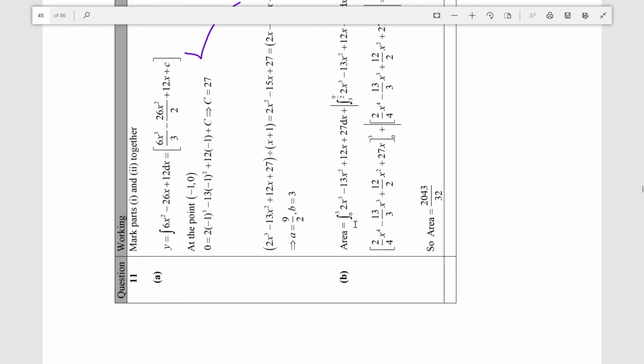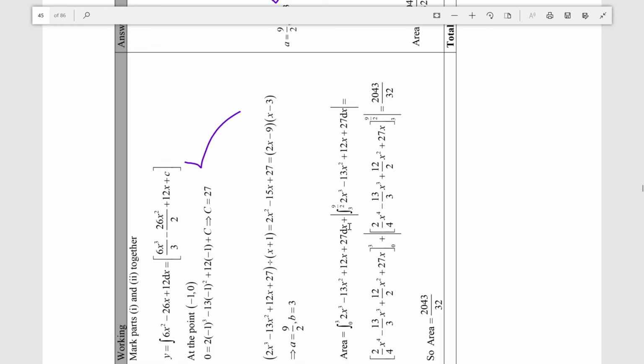Then the area is the integral from 0 to 3 of this, plus, alright, these bars on either side, the pipe character, it basically means absolute value. So negative becomes positive and positive stays positive. We are just taking the negative of this because we know the entire integral is going to be negative.